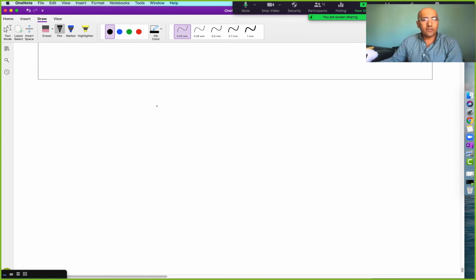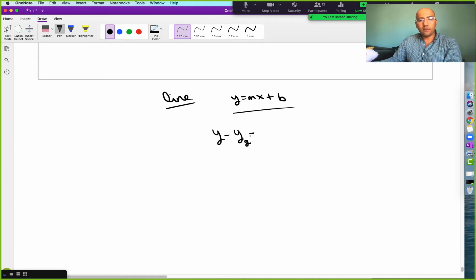Remember that when we want to work with the equation of a line, we have a couple of equations. y equals mx plus b is one form of a line. And the other one is y minus y-given equals m, the slope, times x minus x-given. Right?